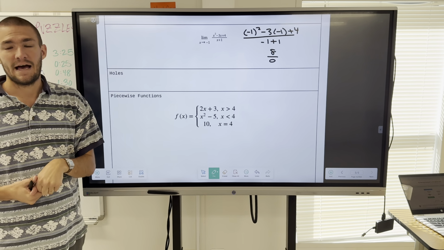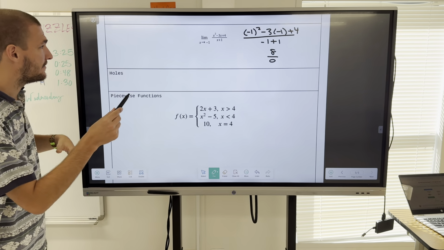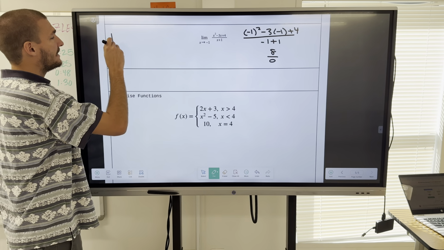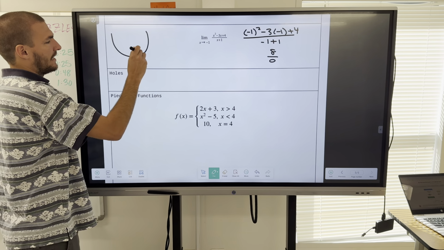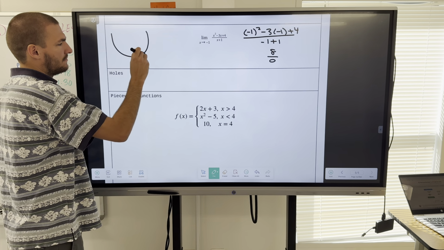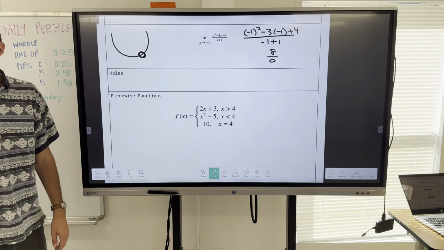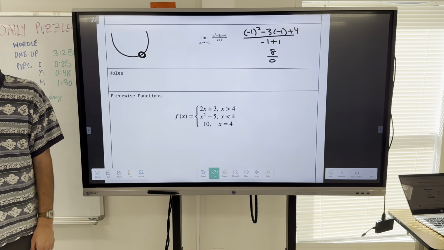So, that means that this question should be a totally normal graph, except for it has one problem at this -1 place, which is exactly where we need to go.